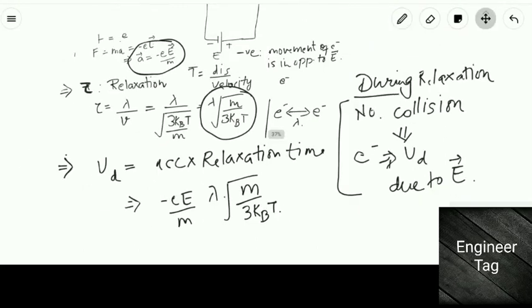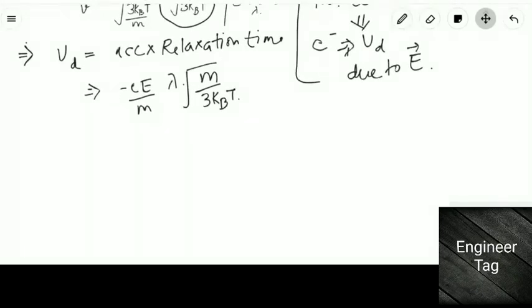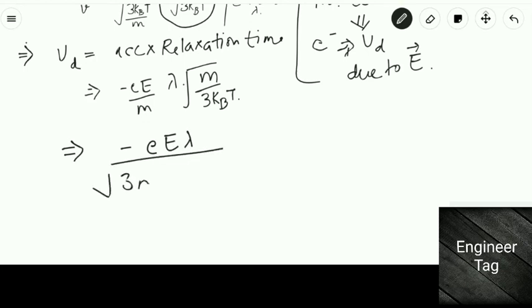Or we can simplify and write it as minus eE lambda over under root of 3 m kbt. This was for one electron.